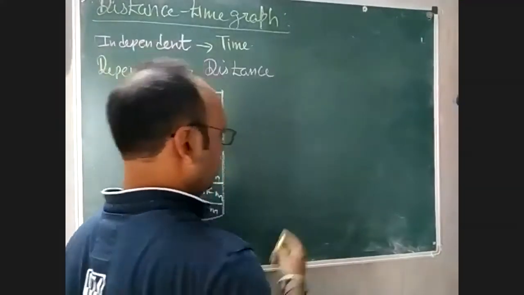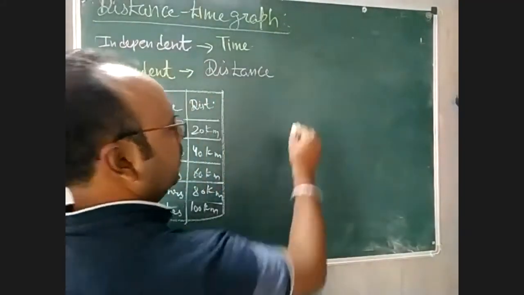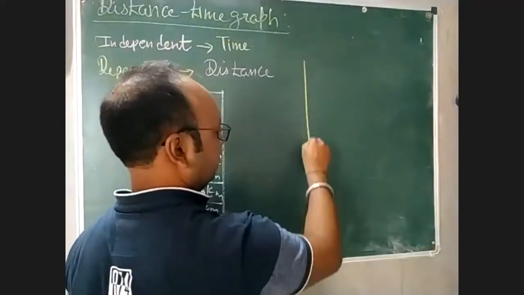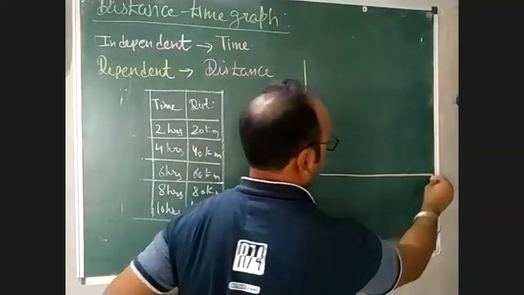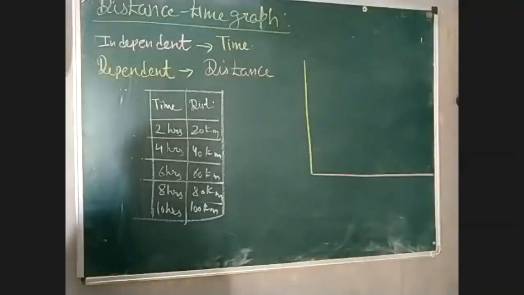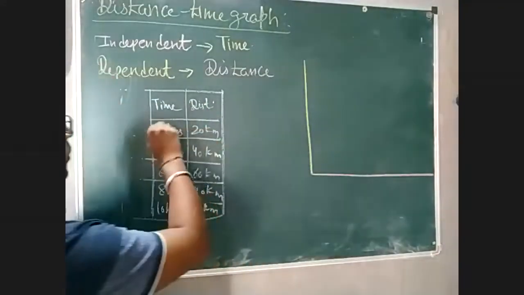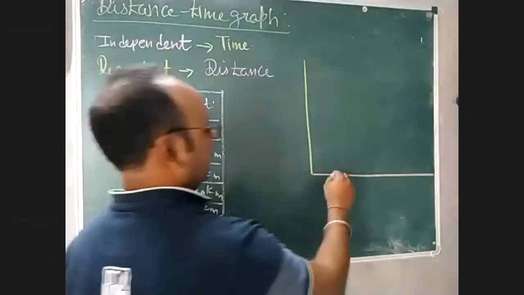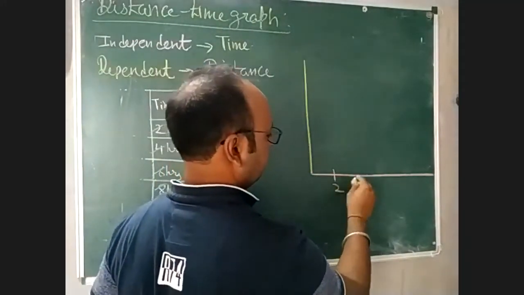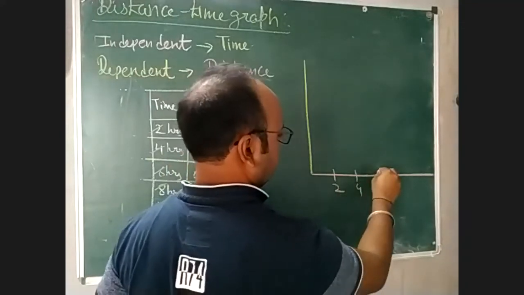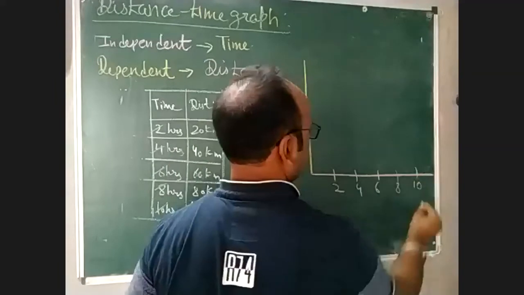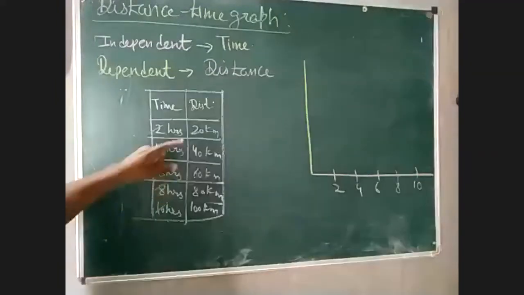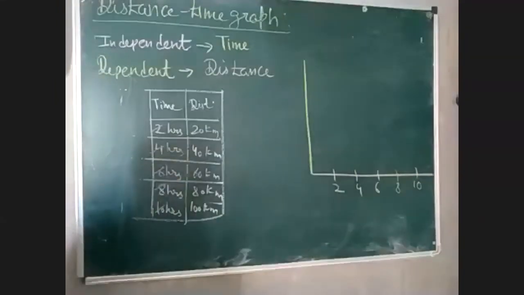Again, I'm using the yellow color for the dependent variable, and this is the independent variable, right? So now I'm using time 2, 4, 6, 8, 10. I mention here, this is 2, this is 4, this is 6, this is 8, and this is 10. Now look at the distances. The differences between them are equal.